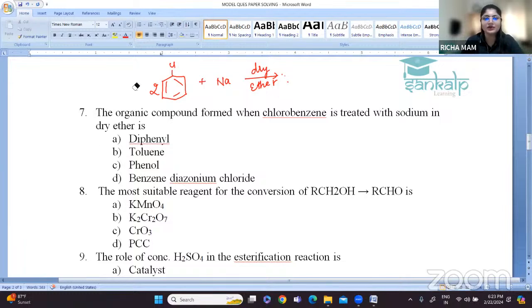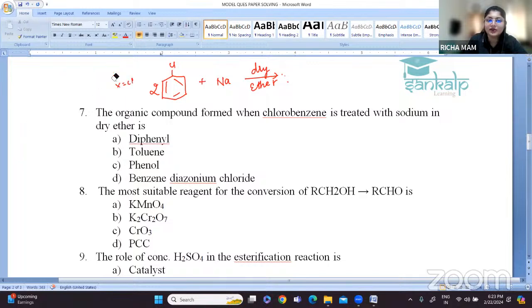Now here, for the answer to this question, we have taken an aryl chloride. R is the aryl group and X we have taken as Cl.